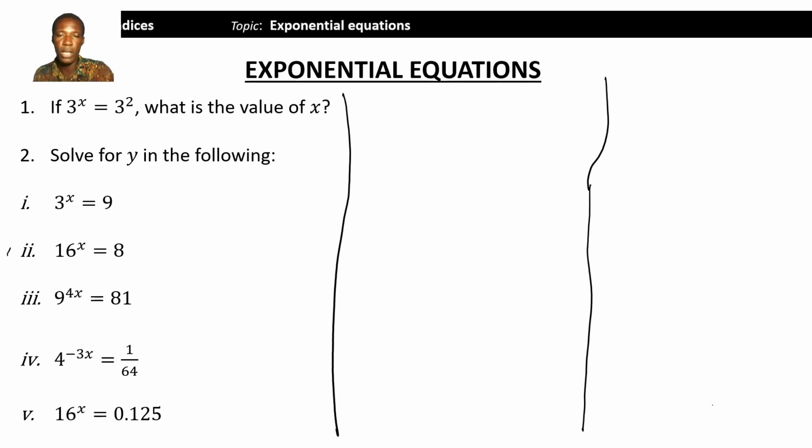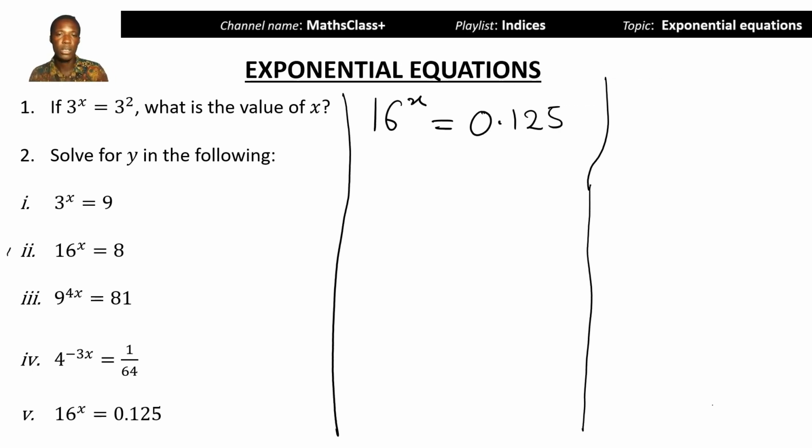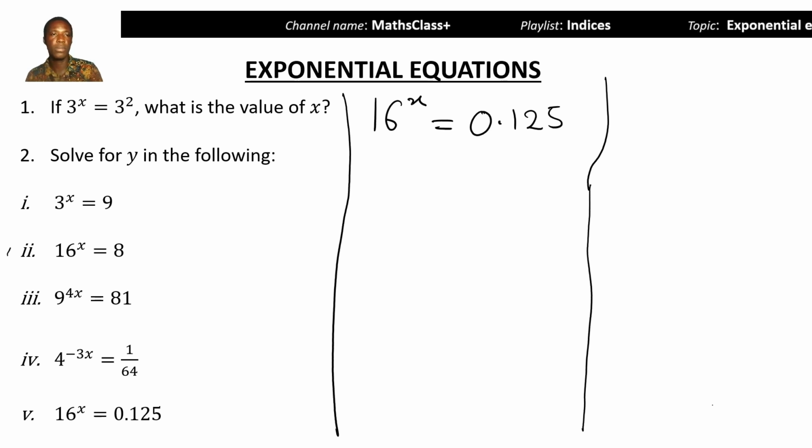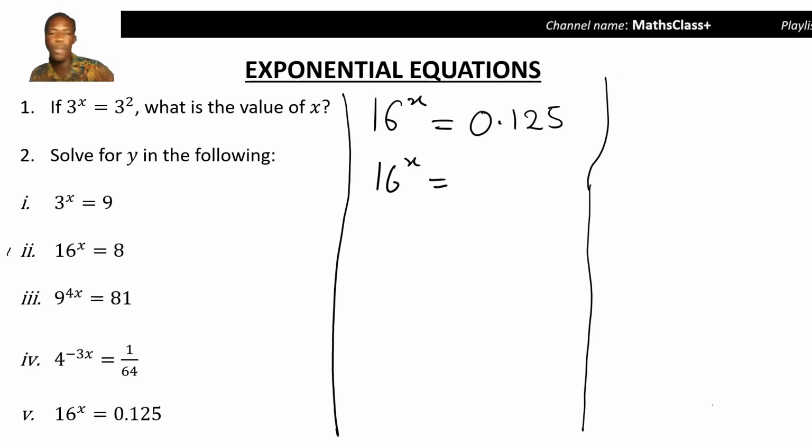Okay, now let's do it. So 16 to the power x is going to give us 0.125. So we have 16 to the power x equals 0.125.